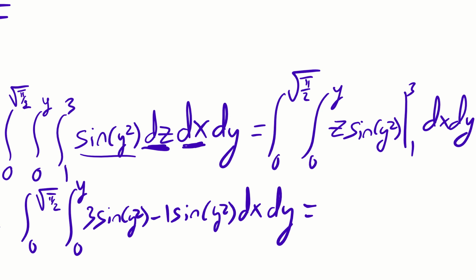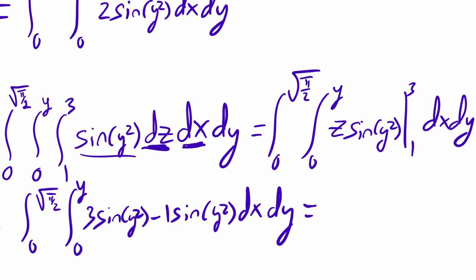This is equal to the integral from 0 to the square root of pi over 2, the integral from 0 to y of 2 sine of y squared dx dy.